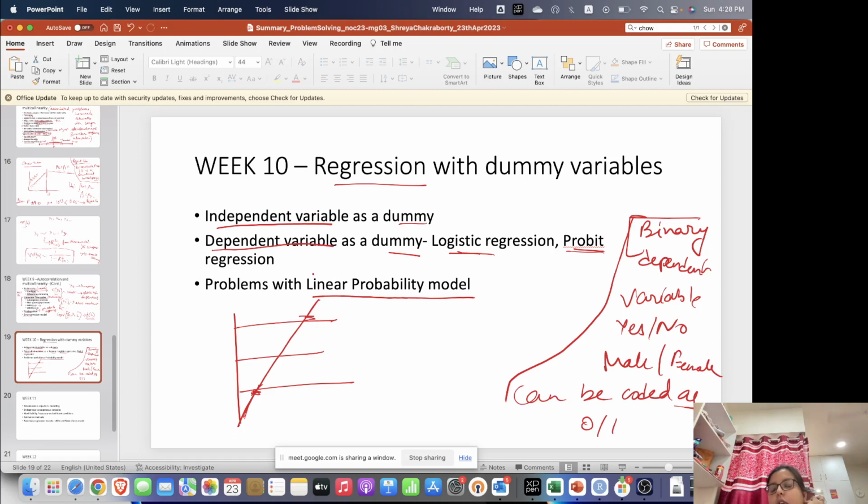And we should know what the problems associated with the linear probability model are, and what the assumptions are on the distribution of errors. For a logistic regression we assume that the errors follow a logistic distribution, and for probit we assume that the errors follow a normal distribution.